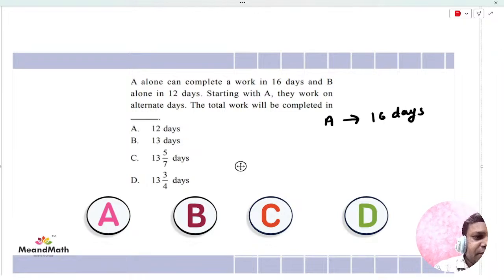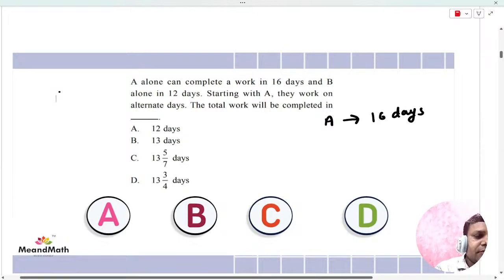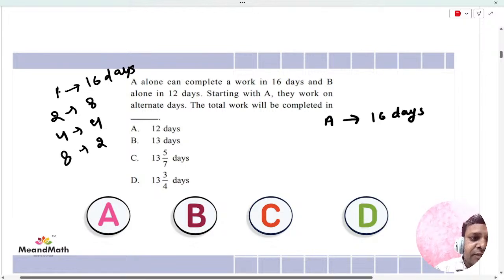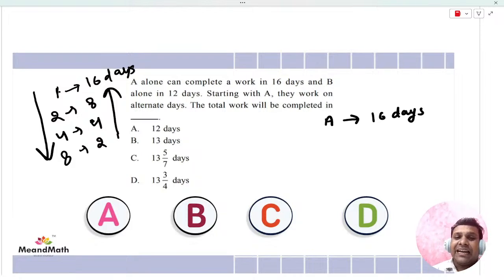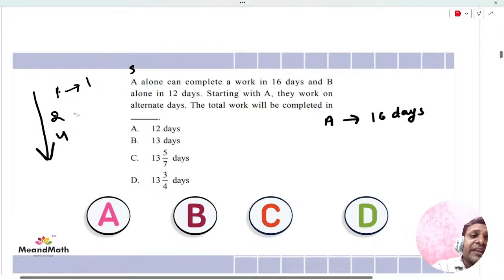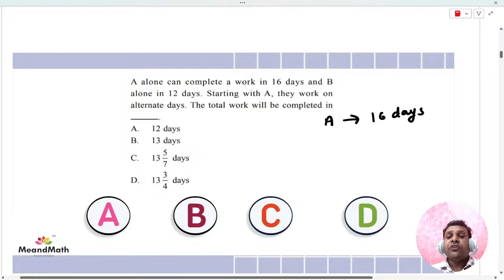If one person can finish the work in 16 days, then two persons can finish it in 8 days, four persons in 4 days, and eight persons in 2 days. So if persons increase, days decrease. This is indirect variation, not direct variation. Whenever there is indirect variation, we use A1 upon A2 is equal to B2 upon B1.